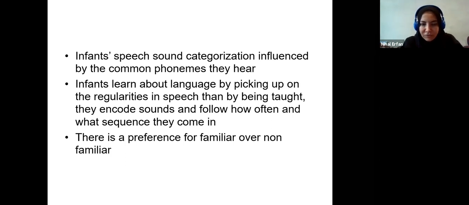And then there's a perception, obviously, a preference for familiar over non-familiar sounds. Okay, so we're talking here about children under the age of 1. So they're not yet verbal, okay? Towards the 10th or 11th month, when they start to produce words, it's more like this variegated putting together of sounds, vowels and consonants.